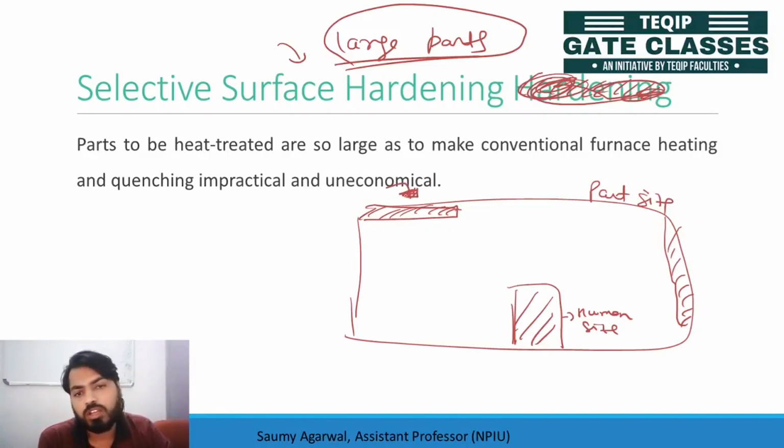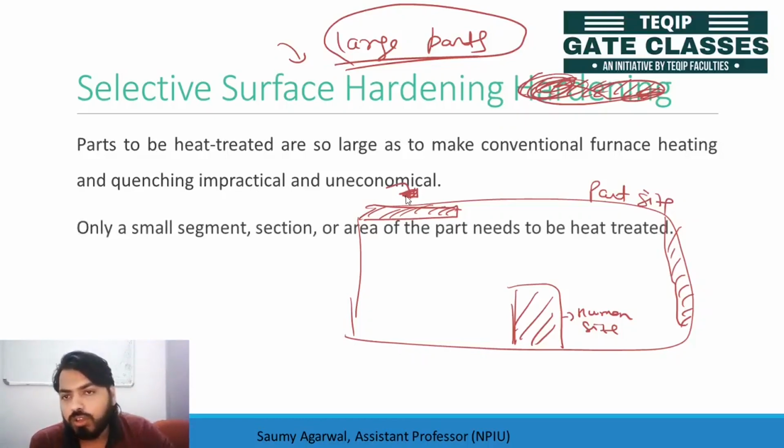The operator will take the surface hardening equipment to the shipbuilding site and do this process on that particular part. You will not take the part to the furnace, but take the equipment and operator to the part. This is why we do selective hardening.